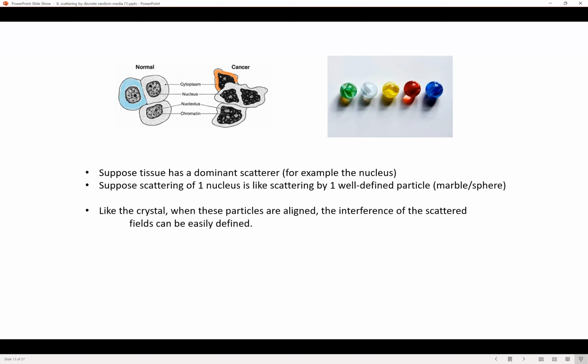That means that we can model it as this, let's say, collection of marbles. And like the crystal, when these particles are well aligned, then the interference of these scattered fields can in principle be calculated if we have some kind of description of how they are positioned. We can calculate how it scatters.